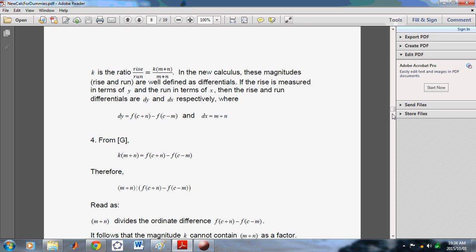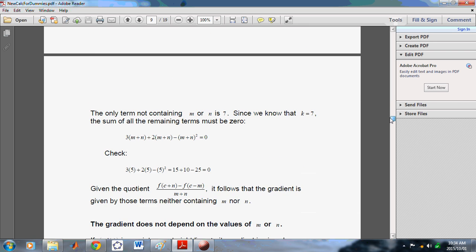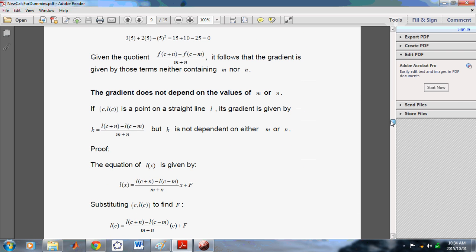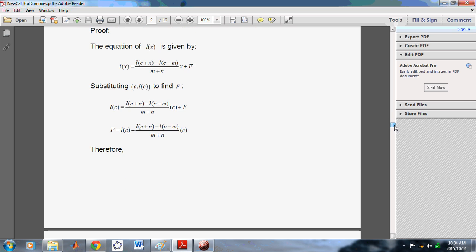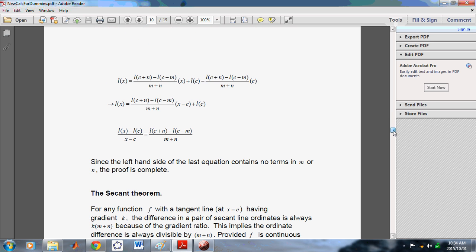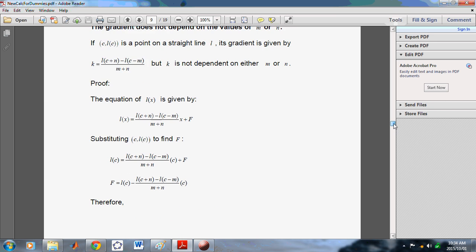There's a simple proof of this. I do go into a bit of detail here, but it's easy to prove. You just take a straight line and calculate k, and you'll see that if you do it with generic terms and symbols, you will arrive at the fact that neither m nor n are necessary in the calculation of the slope or the gradient.